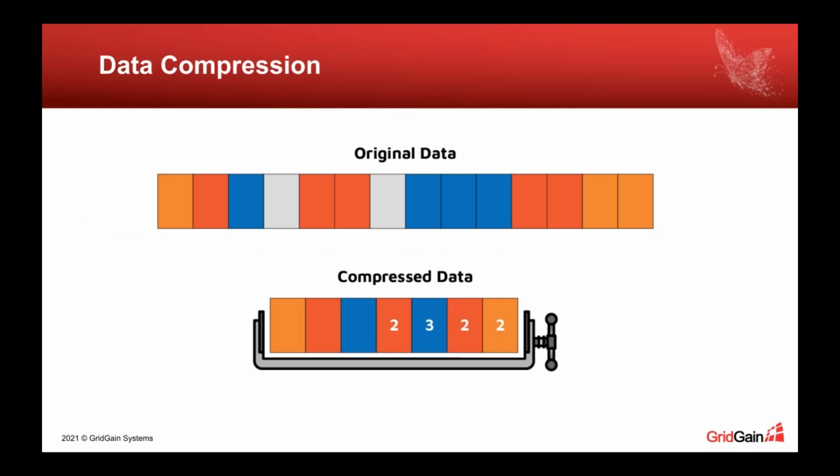So the next item is data compression. This is a brand new feature which we have introduced. This is fairly straightforward. It's just data compression. It allows you to compress the data within the nodes, both in memory and on disk, and essentially allows you to significantly reduce the amount of space used for the data.